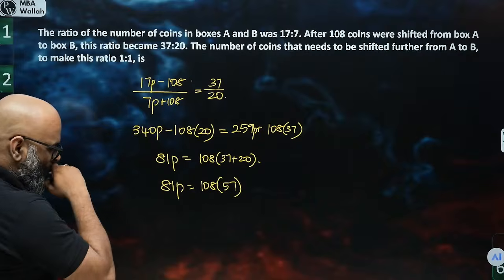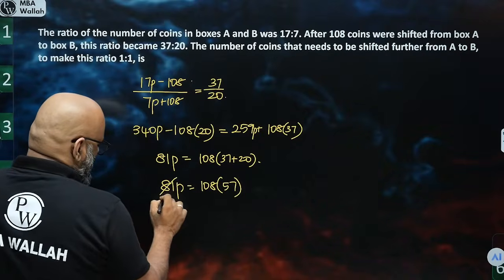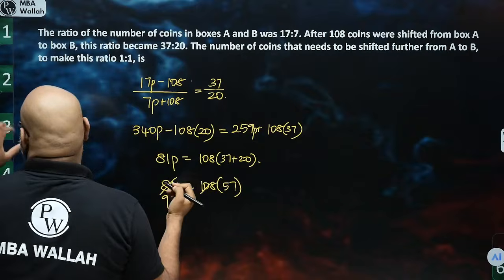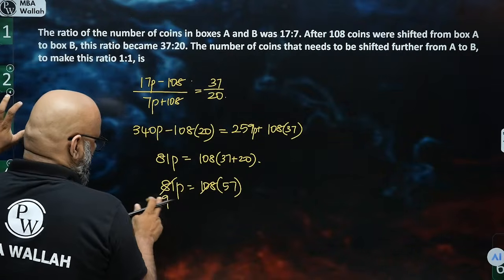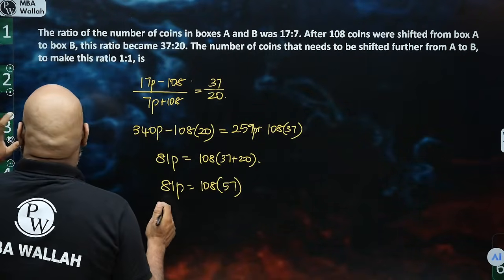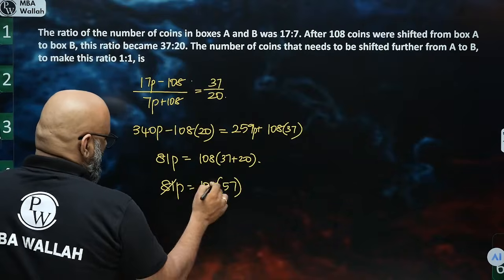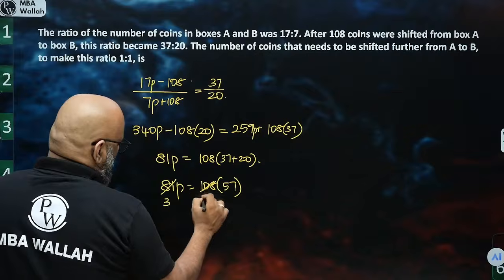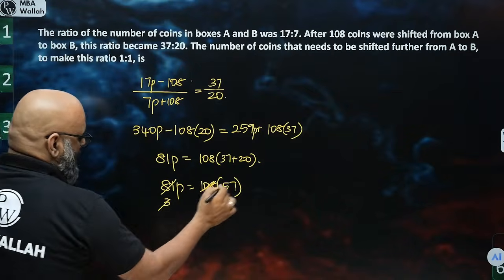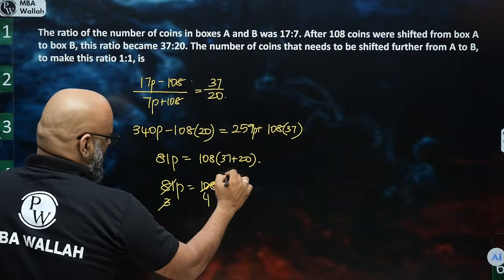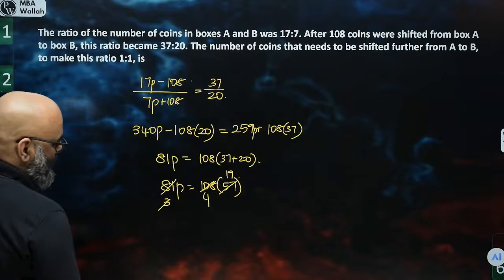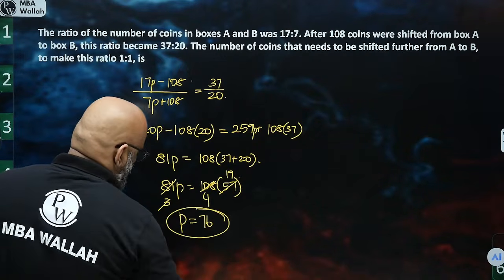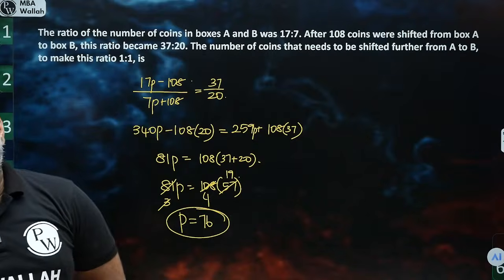Both of them can go well in 9. Actually, both of them can go well in 27 straight away. So this will be 3p, this will be 4 times 19. So p is equal to 76. 4 into 19 is 76.